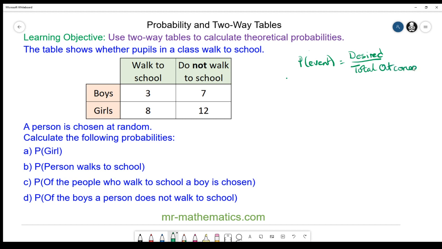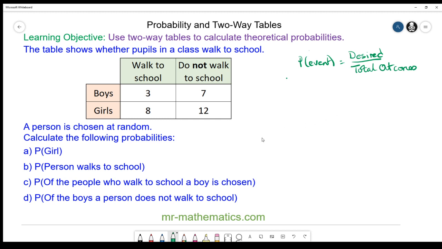This is a bit more difficult with two-way tables because it's not always clear how many desired outcomes there are or the total number of outcomes. So we'll take it step by step. I'll go through this question and then I'll give you a question to do in a minute or two.